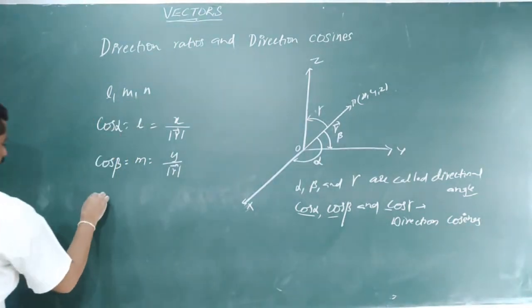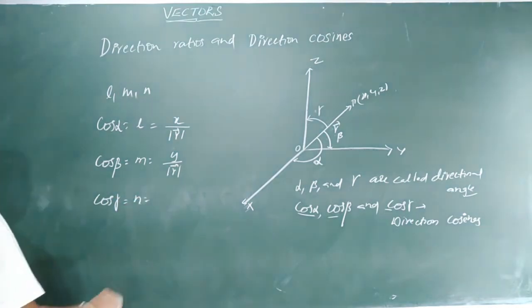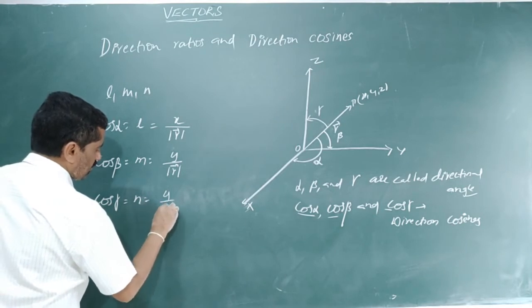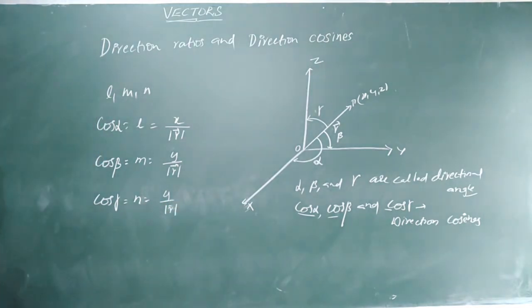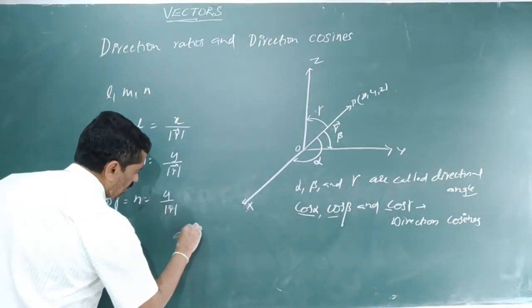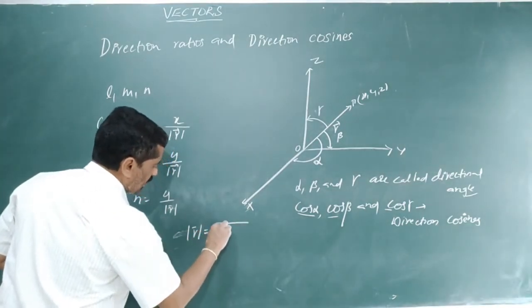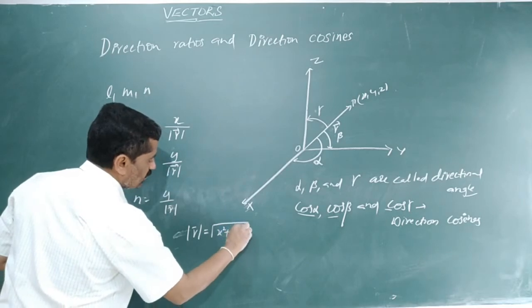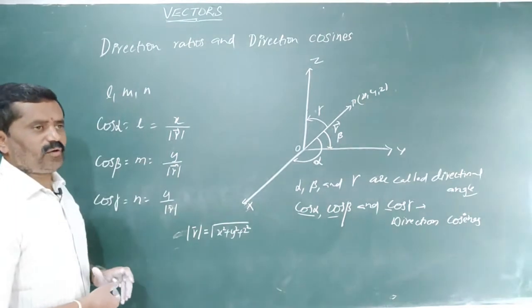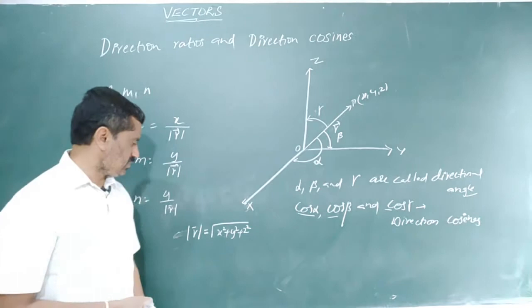Again, cos gamma is equal to n is equal to z divided by magnitude of r bar, where magnitude of vector r is equal to square root of x square plus y square plus z square. Usually x, y, z are components of a vector. We will see that in the next topic.